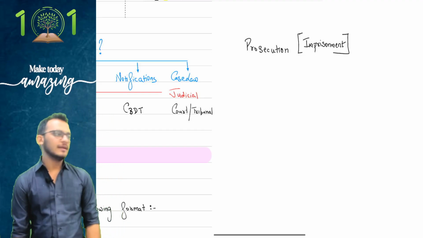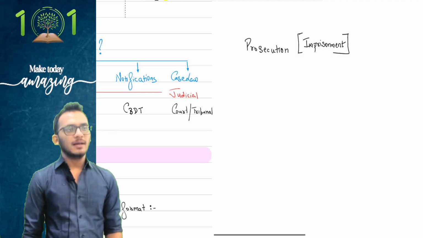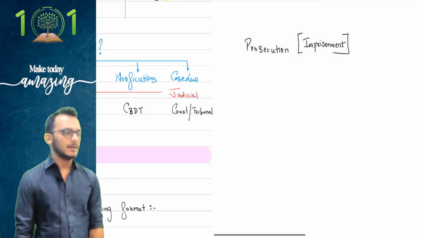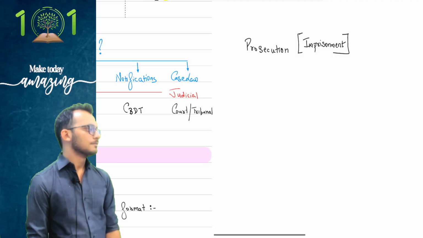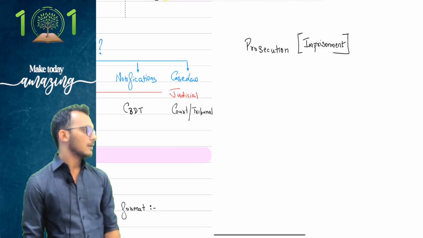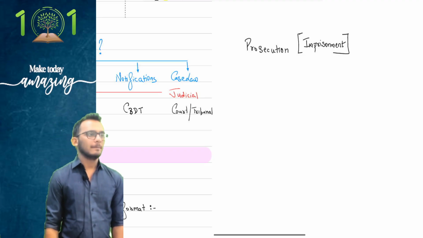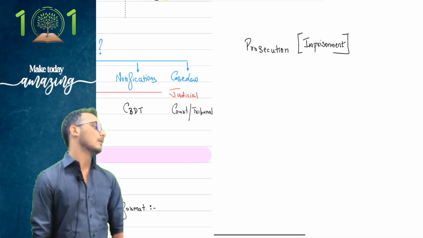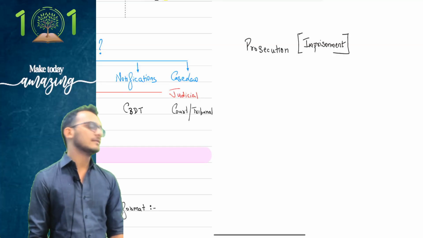Sections which provide for the penalties, comma, prosecutions for any defaults made.